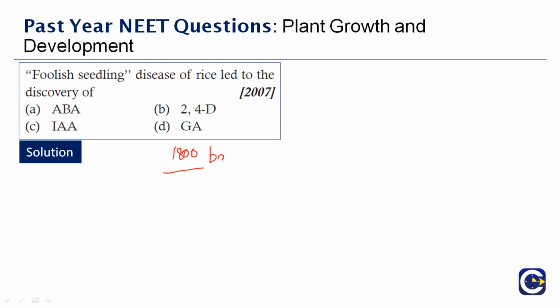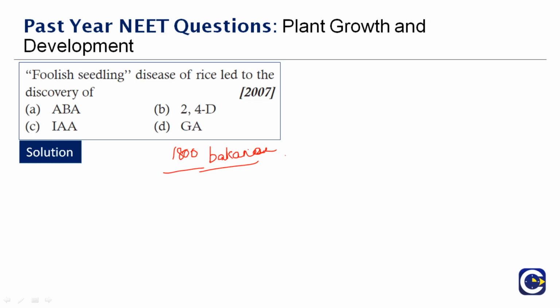It is also called bakanae, which is the other name for foolish seedling. Such rice plants were thin, pale green, and spindle shaped, longer by 50% than the healthy plants, and they were also sterile. So this is all about the foolish seedling.